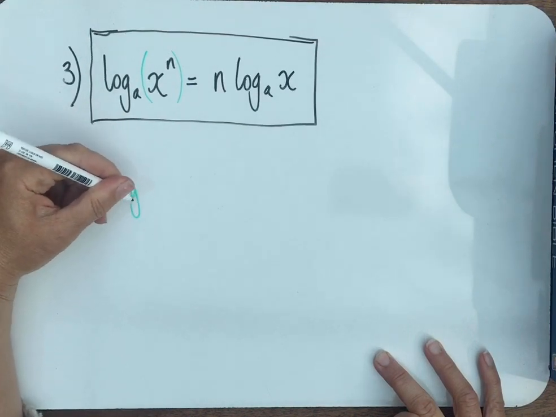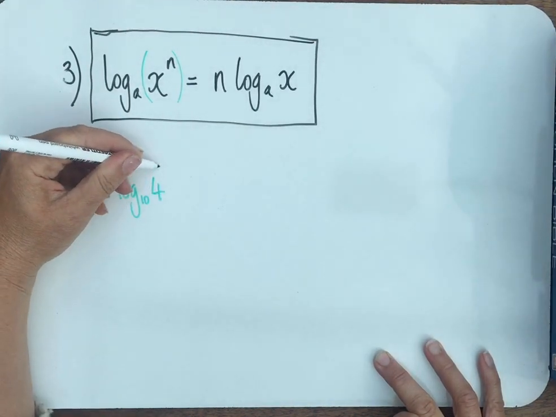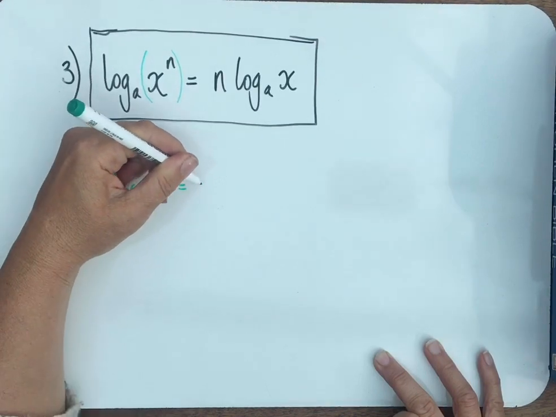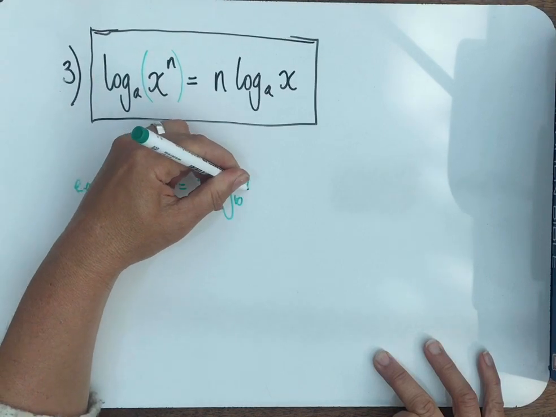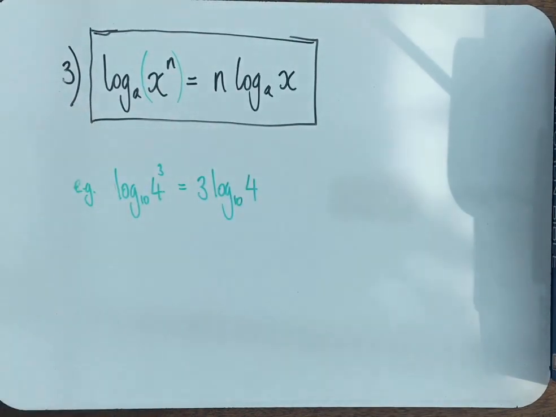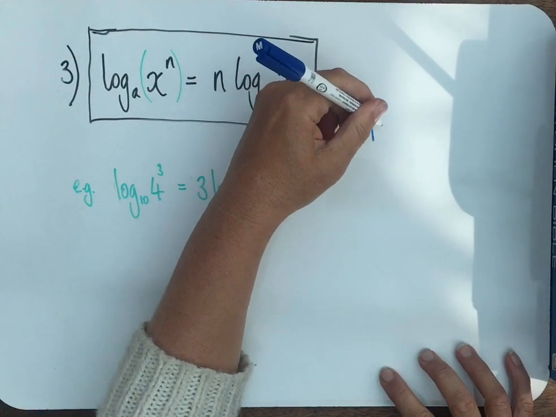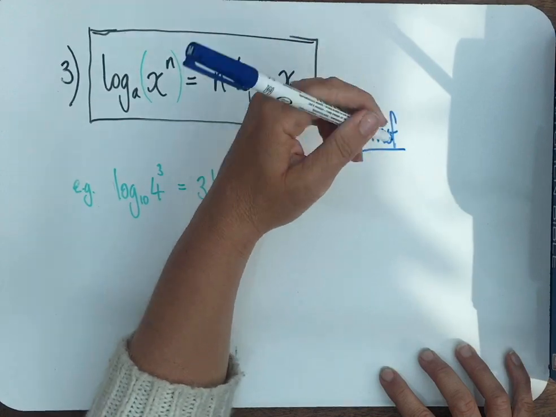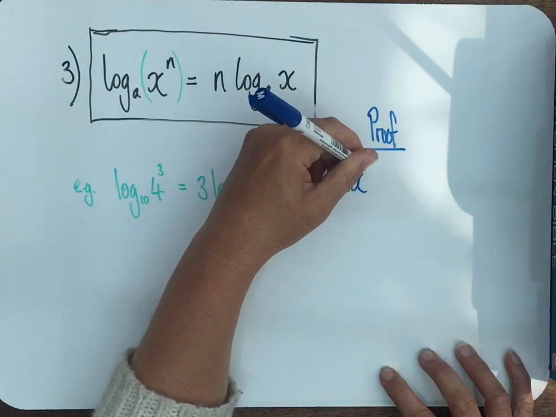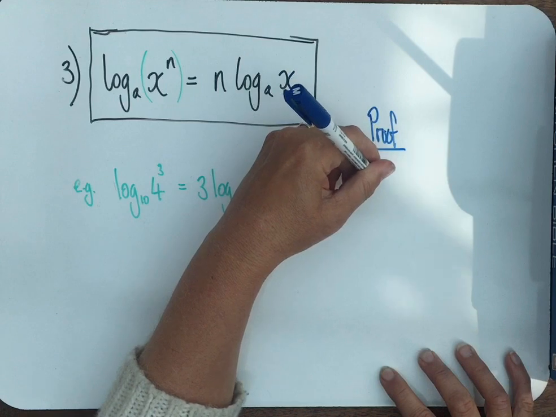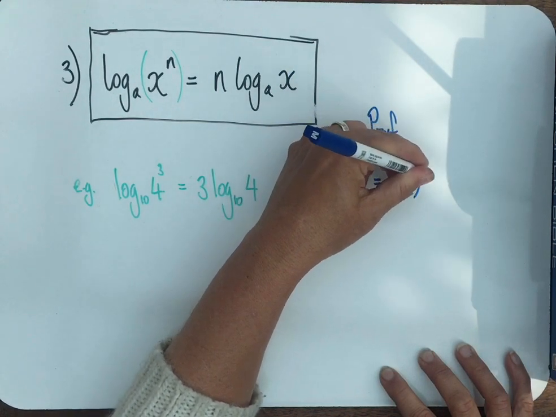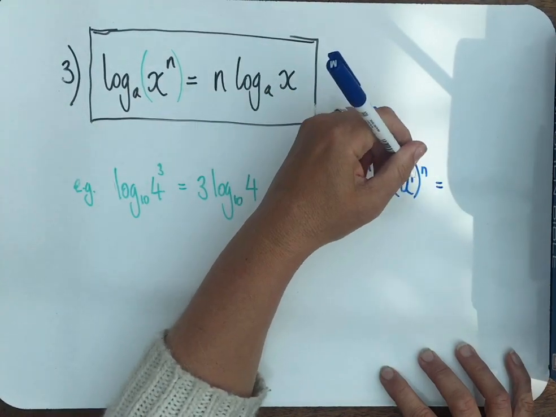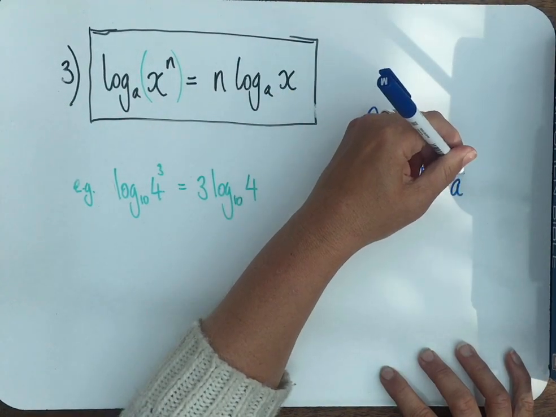If you've got log to the base 10 of 4 cubed, that's the same as 3 log to the base 10 of 4. So this power comes down and multiplies. And the proof along a similar vein as the other two is that x to the power of n, x remember is a to the power p. So we're raising that to the power of n. When you do a power to a power, you multiply.